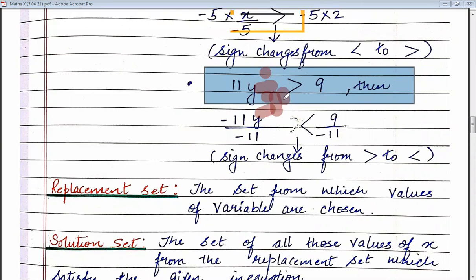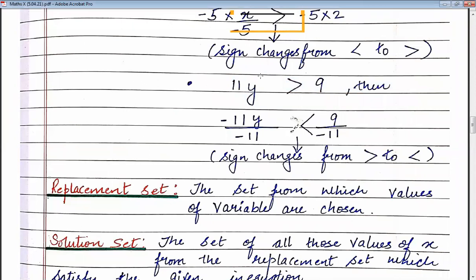As I'm dividing by a negative number, your inequality is going to change. Whenever you are multiplying or dividing by a negative number, your inequality is going to change. Earlier it was greater than sign. Now you can see in the next step it has changed to less than sign. Is it clear, children? So I guess you are clear with all these operations on linear inequality.